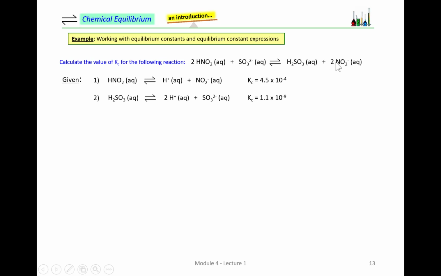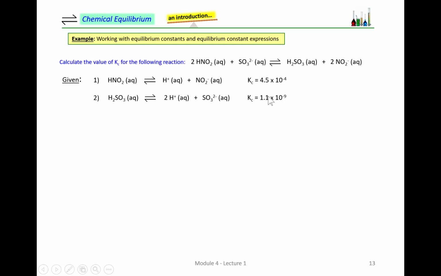So our job is to somehow manipulate these given reactions so that when they're added together, they give us the target reaction. And then we'll know how to deal with these Kc values.